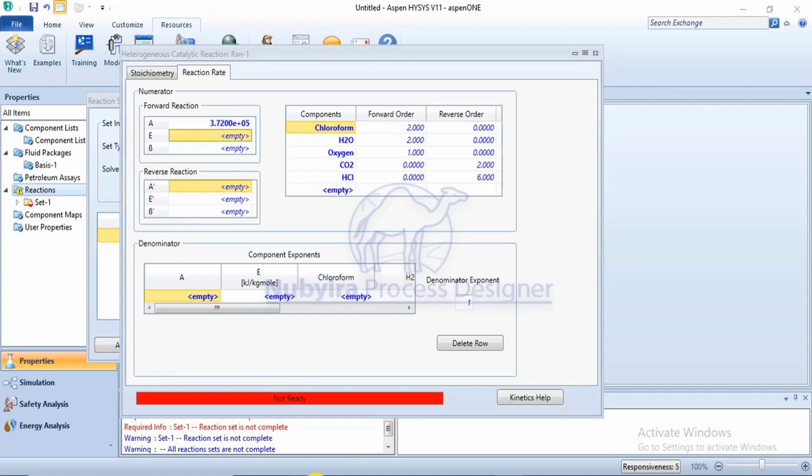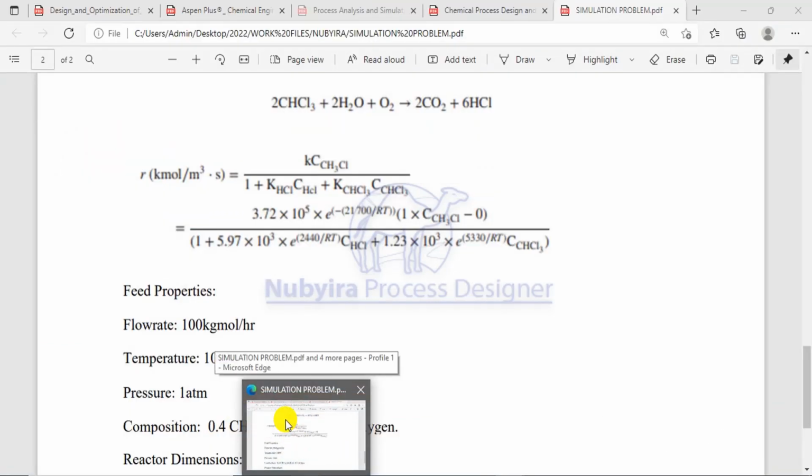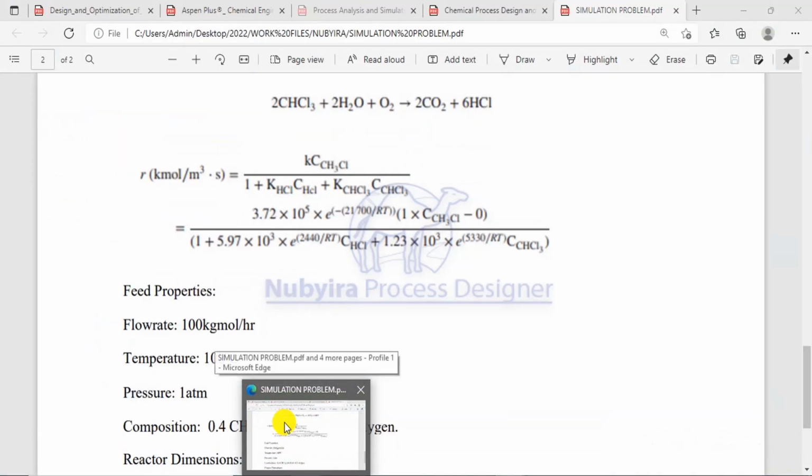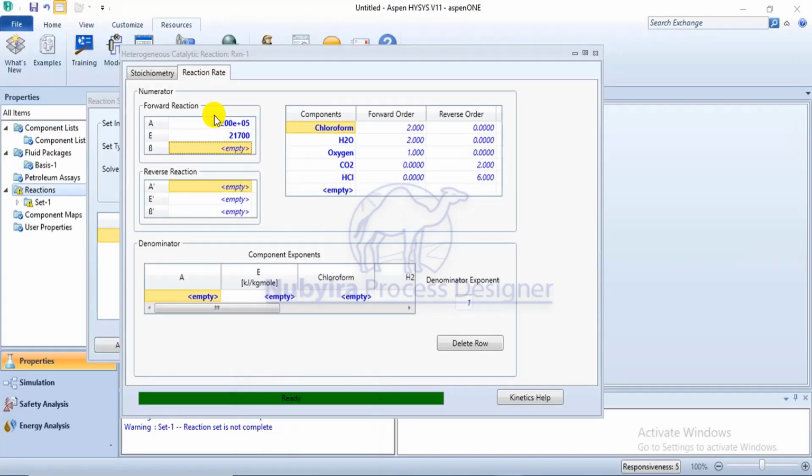Let me confirm that. 3.72E5. Okay, then this one is 21,700. Let me check. 21,700, yes. So that is that for the A and E values.